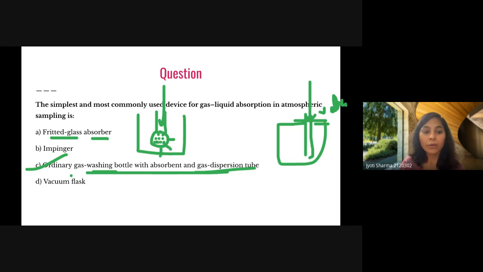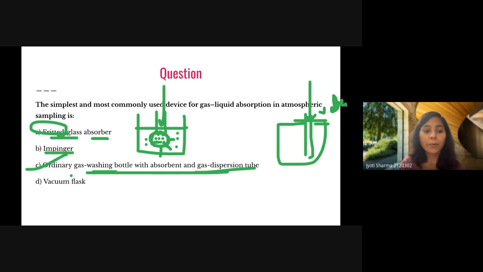If we have more bubbles, then more of the air will be dissolved into that liquid. So fritted means we have this porous disc, and that increases the bubbles, and these bubbles increase the efficiency of the absorption, right?